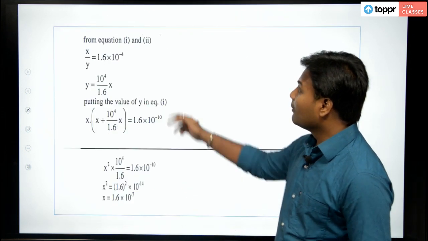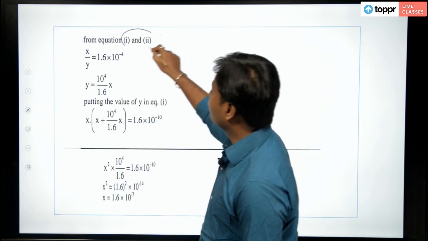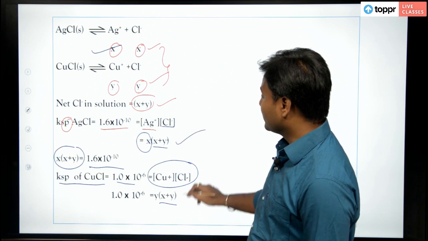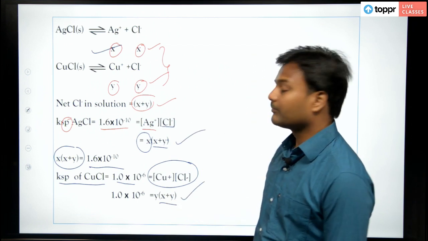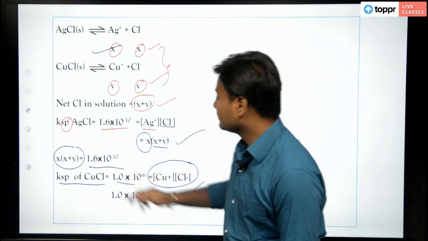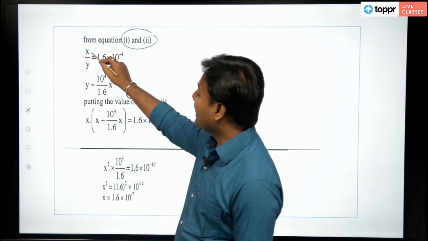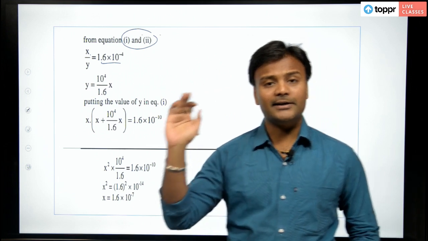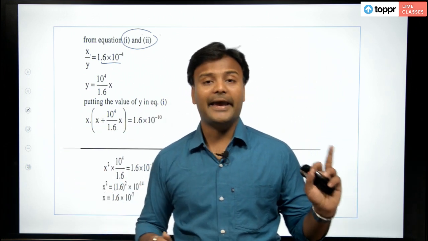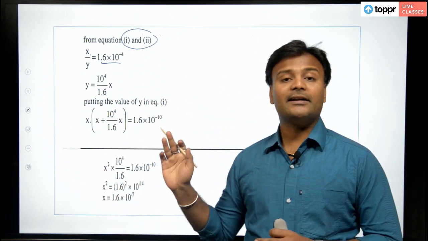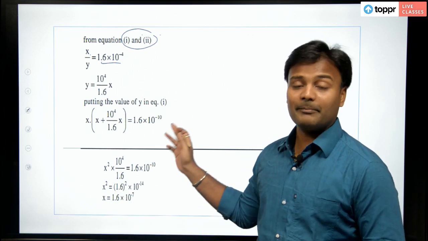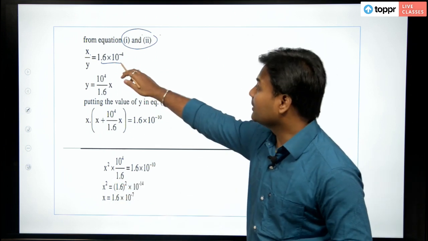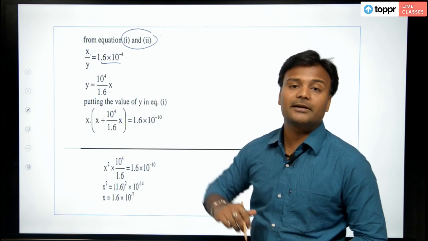Now, from equation 1 and 2, what we have identified is x by y is 1.6 into 10 raised to minus 4. We have 10 raised to minus 10 for Ag plus ions, and 10 raised to minus 6 for cuprous ions, so it is 1.6 into 10 raised to minus 4.